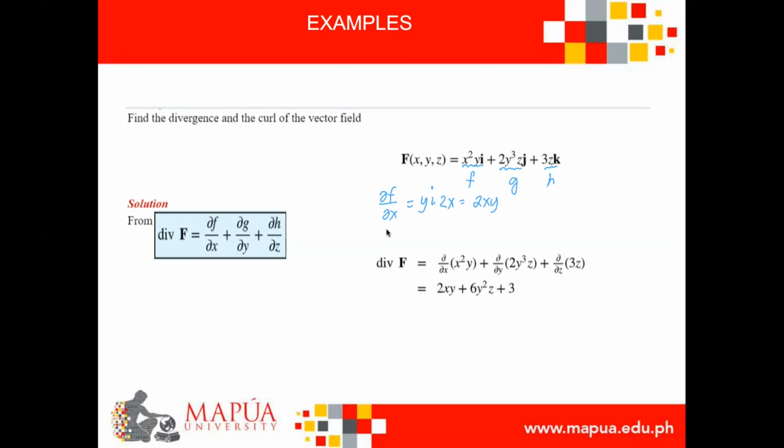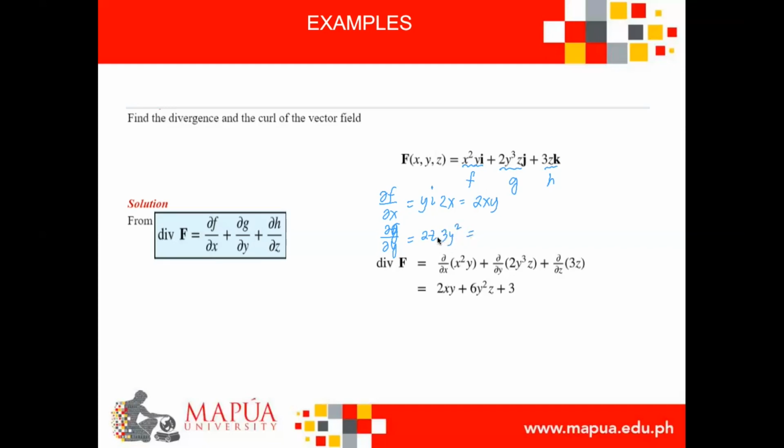Then we have the partial derivative of the function g with respect to y. So this is your g function, copy your constant, that is 2z. I will not include anymore the j. Then the derivative of y cubed is 3y squared.